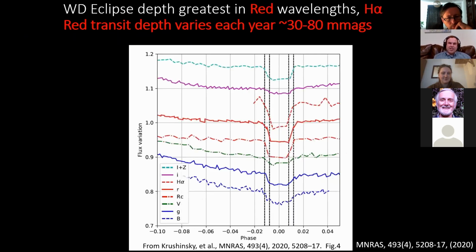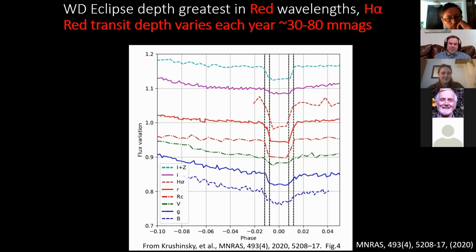Okay, what's interesting about this is that normally when you have binary transits or white dwarf main sequence star transits, the depth of the transit changes from lower to higher optical wavelengths or filters, because one star is sort of red and one star is kind of white.